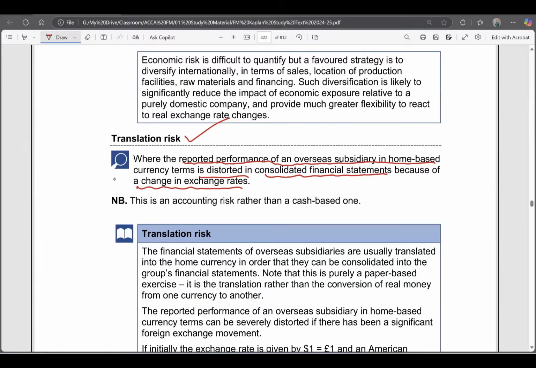Transaction risk is associated with any transaction, sale, purchase, sale of property, purchase of property, or any transaction you made in any currency other than your home currency, and the settlement date is in the future. Then you have to worry about transaction risk. And translation risk is only related to financial statements when you have a foreign subsidiary, maybe foreign assets only, right?